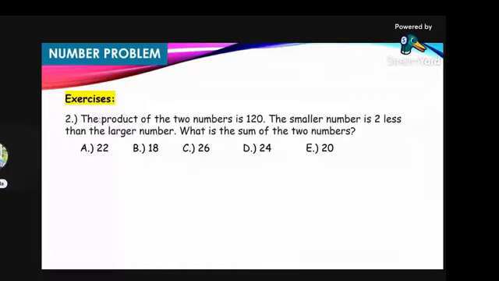A, 22, B, 18, C, 26, D, 24, E, 20. So comment down your answers.